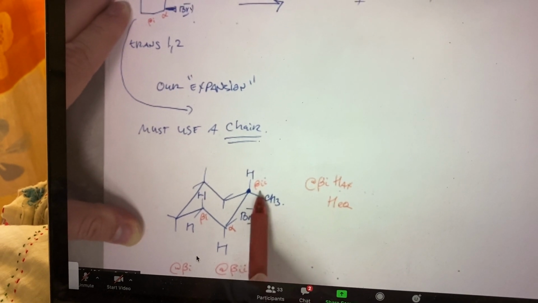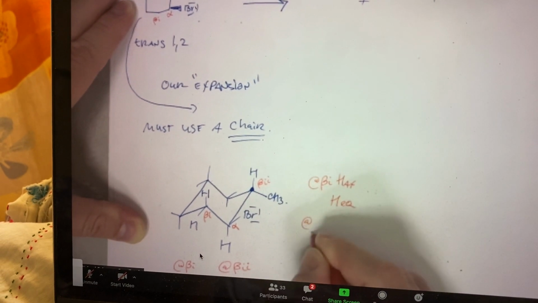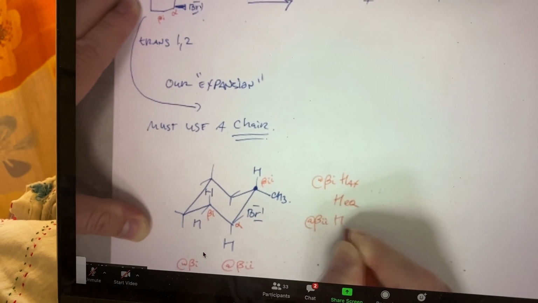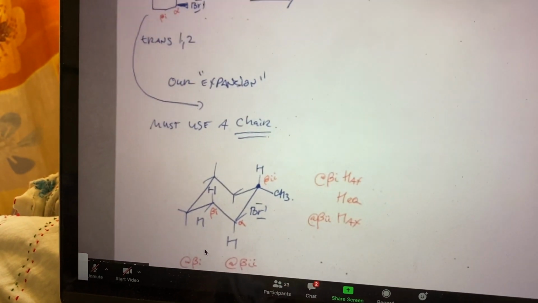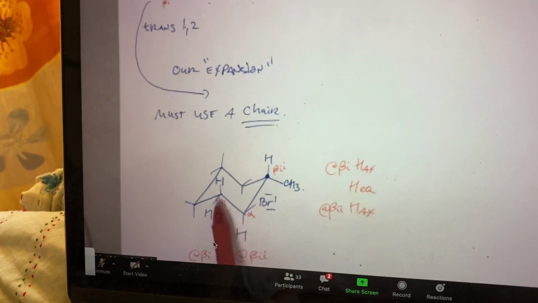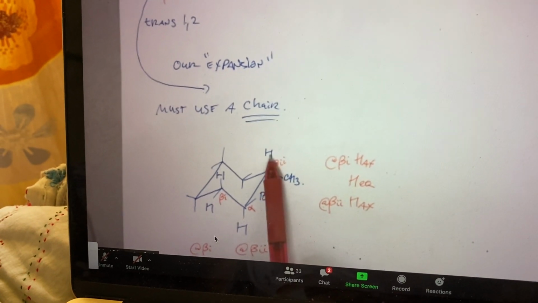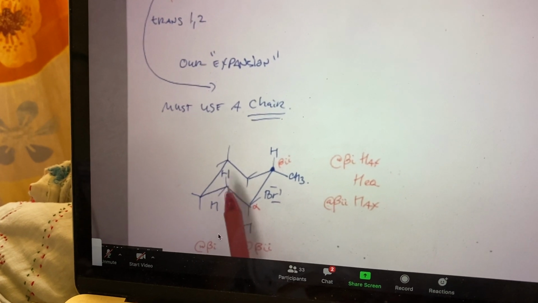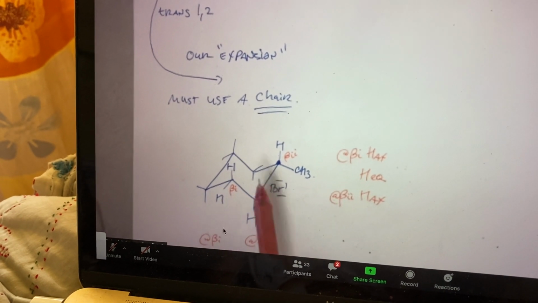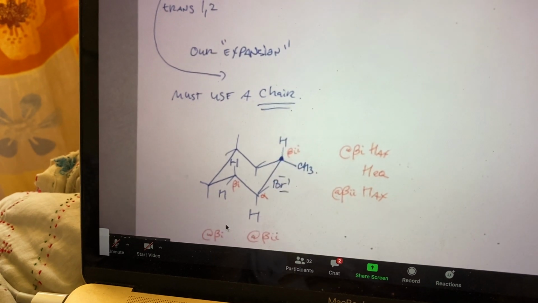And at the beta 2 position, you have an axial hydrogen. So these are the only 3 hydrogens we have that are beta to this alpha position. We have 1, 2, 3. I've labeled them beta 1 axial, beta 1 equatorial, beta 2 axial.